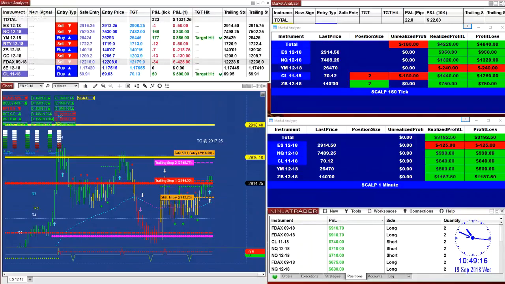We're waiting on a new signal, and right now this market is sideways. And there is no more news for today, so there is nothing left for today concerning us with the news. We're okay. We'll see.